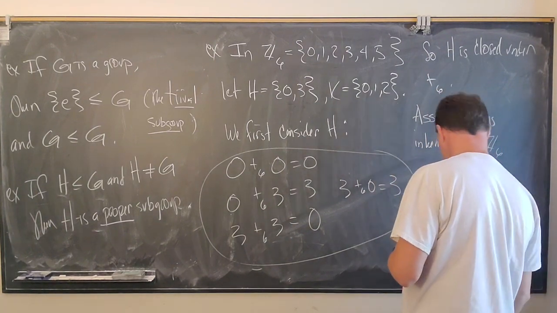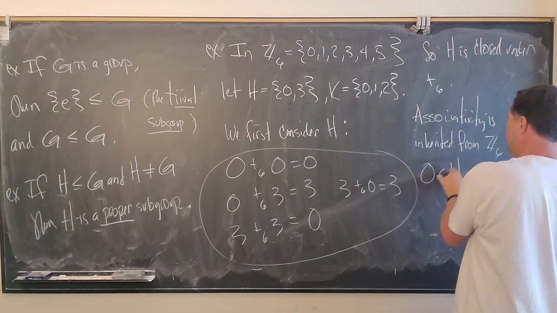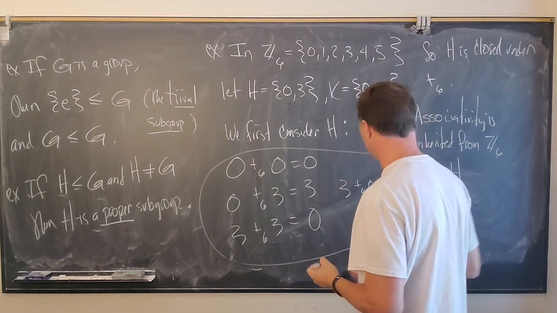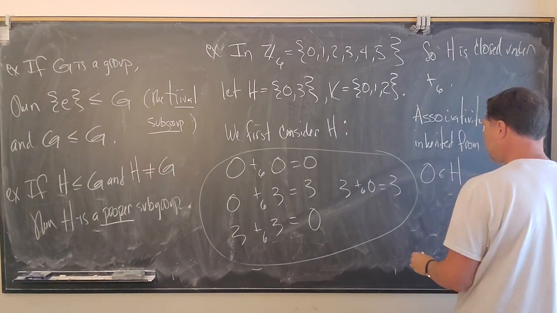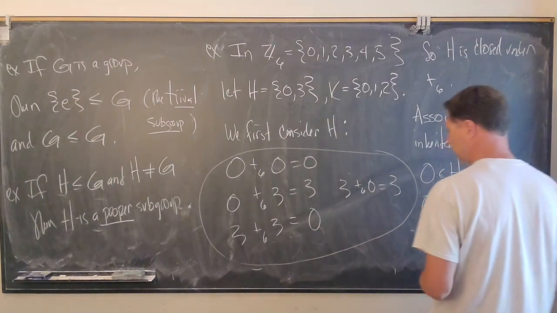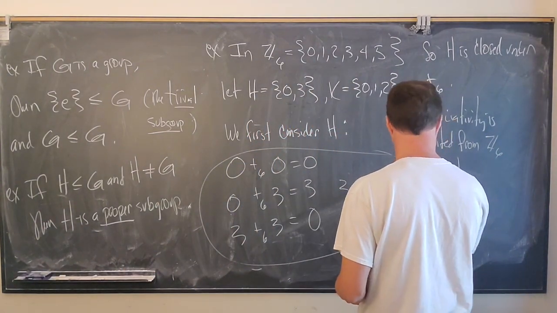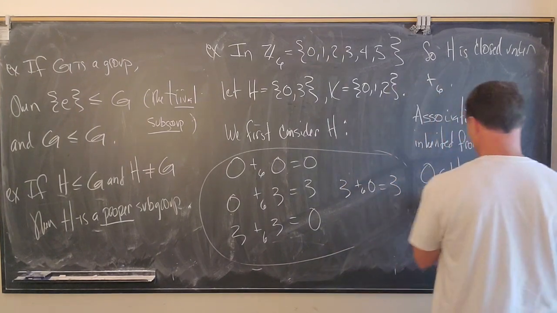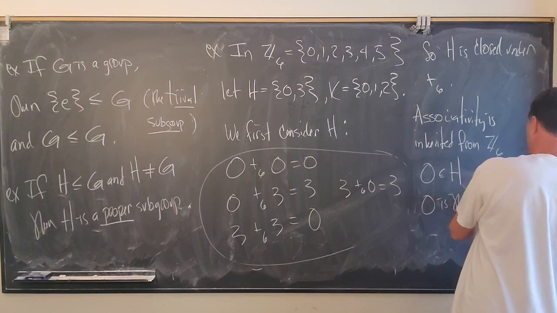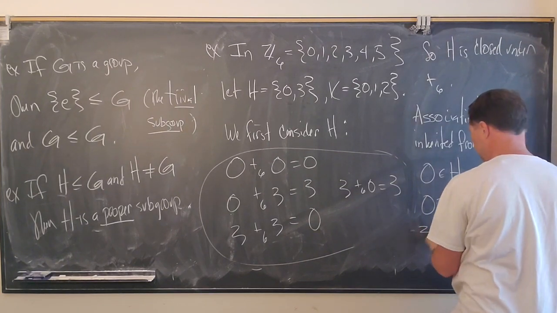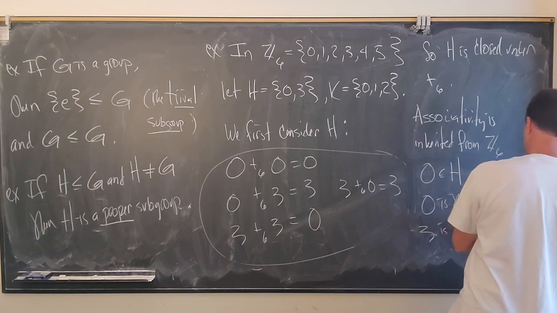Let's see, what else do we need? Well, we need an identity. 0 is an element of H, and that's the identity. And then the last thing, inverses. 0 is the inverse of 0, and 3 is the inverse of 3.